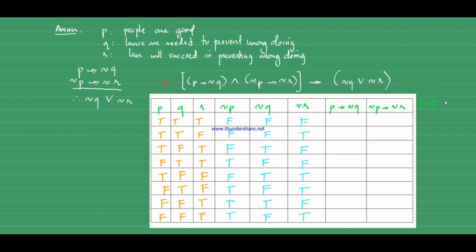Then we have disjunction inside the parentheses. And finally, we have C. Okay, here you go. I hope that I can draw.